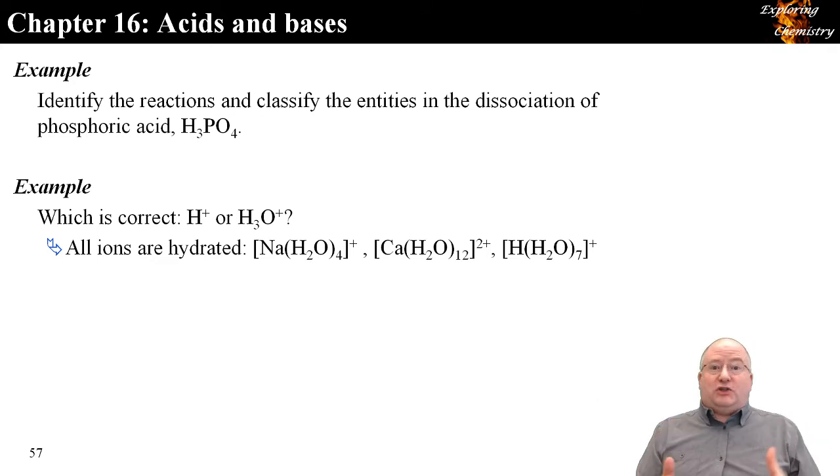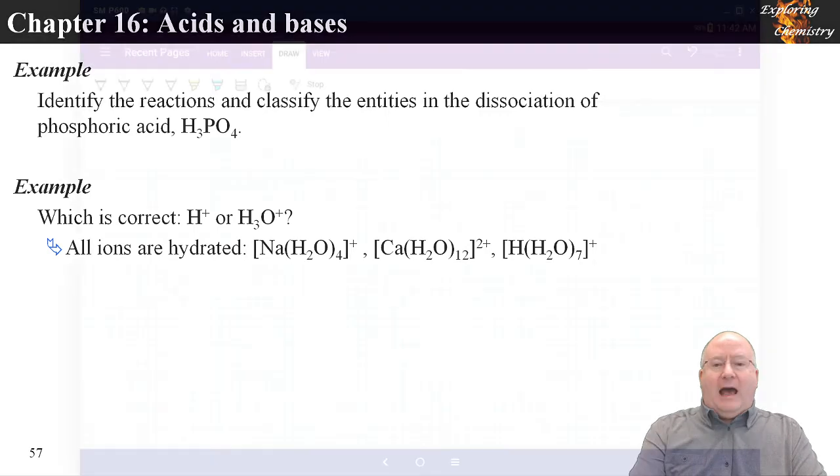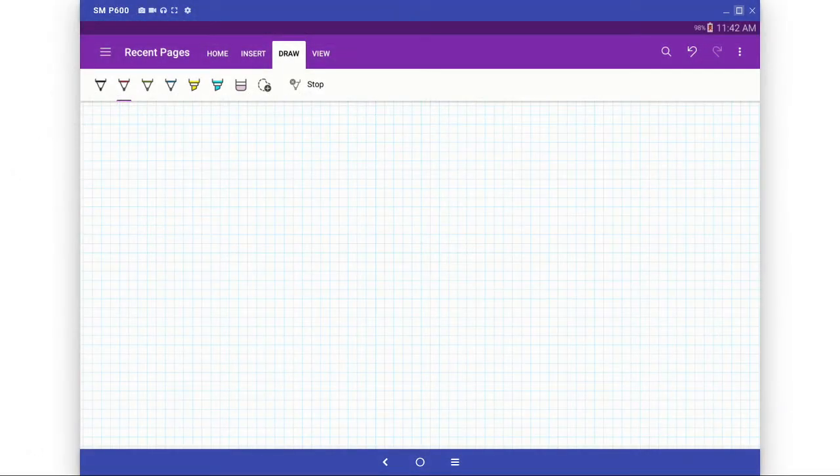And we can spectroscopically look at solution and find out that for sodium, there are actually 4 bound water molecules to every sodium ion. Calcium with a 2 plus charge actually has 12 water molecules that are uniquely different from the bulk water that are literally fixed in position around the calcium ion. For the hydrogen ion, it's actually 7 water molecules. So if you want to be absolutely technically correct, you should be writing H15O7 plus.